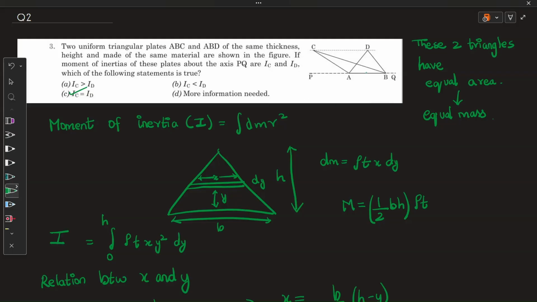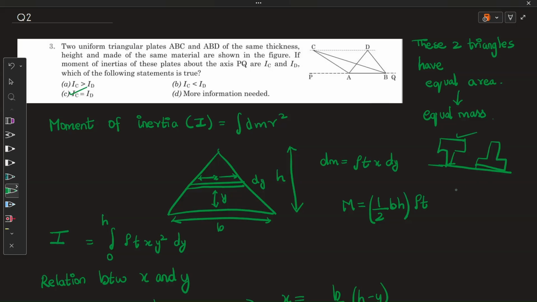In case of different kind of shapes, you try just integrating them by this method, or you just see it. If a shape is like this, some random shape of this and this of equal mass, and the axis is over here, which has more moment of inertia?